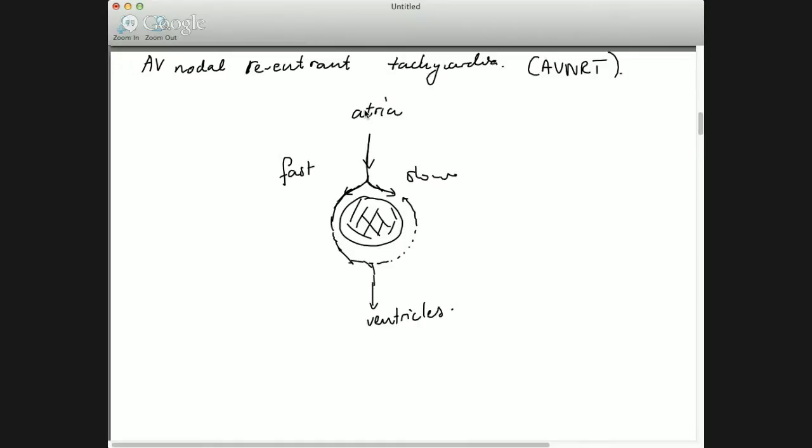So, you have a heartbeat from your atria and the impulse from your atria going through these two pathways and hitting your ventricles. This segment is depolarized. Then click, one pathway repolarizes, then click, the other pathway repolarizes.